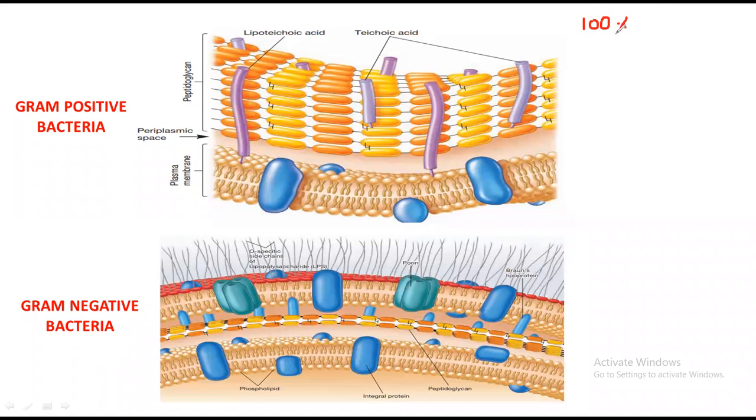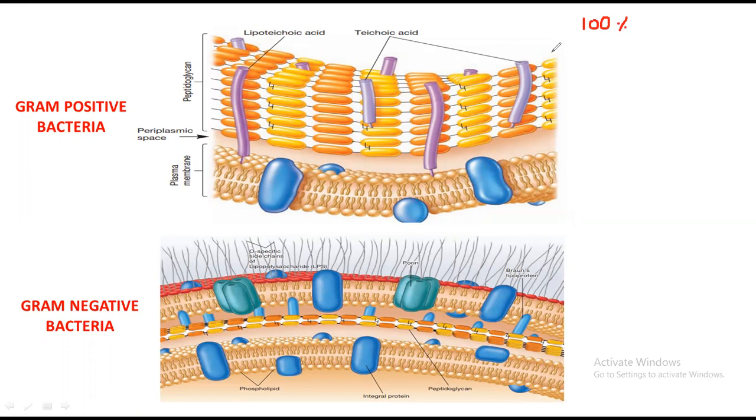If we add 100% alcohol to disinfect a surface where there are gram positive and gram negative bacteria, how will concentrated alcohol work?